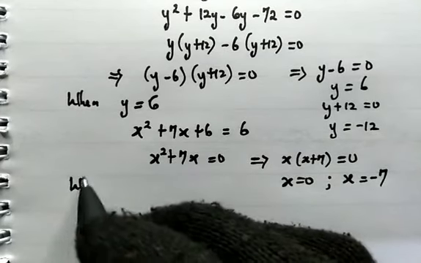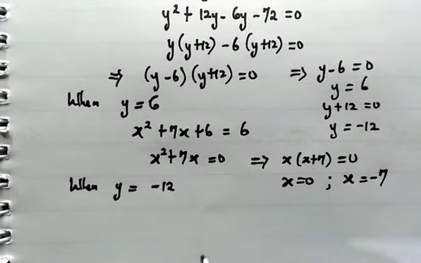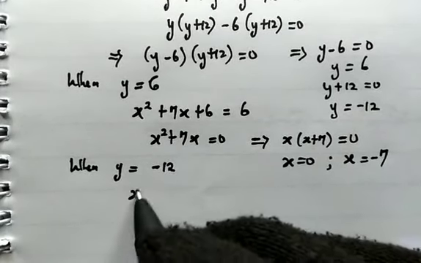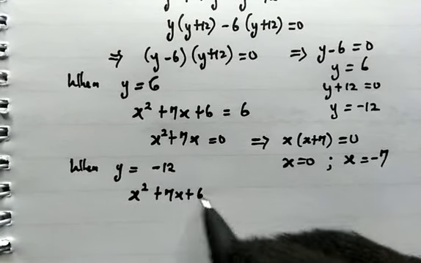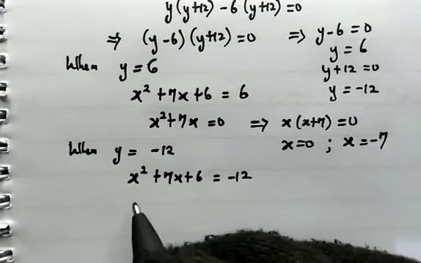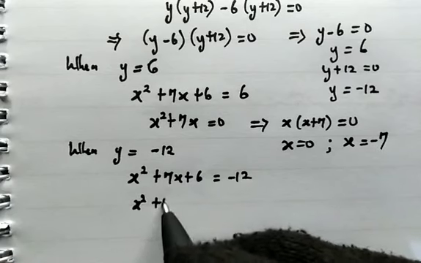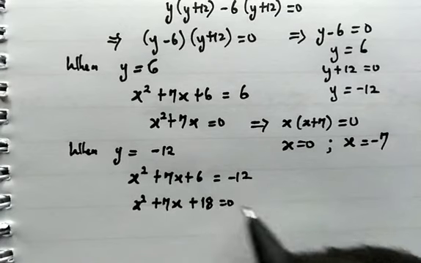Now, let's solve the equation when y is equal to negative 12. So if y is equal to negative 12, then x squared plus 7x plus 6 will be equal to negative 12. From here, add 12 to both sides, we get x squared plus 7x plus 18 equals 0.